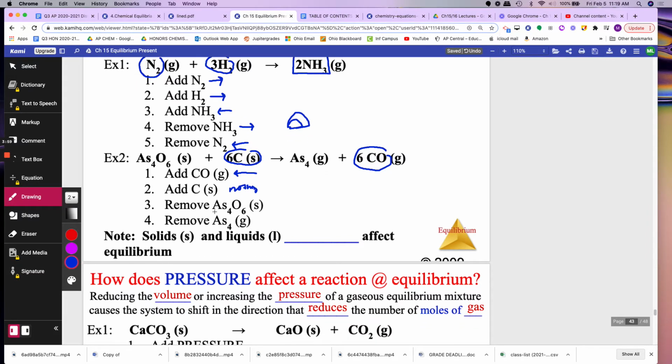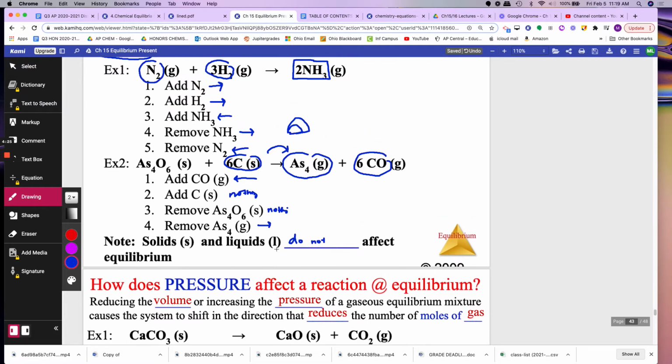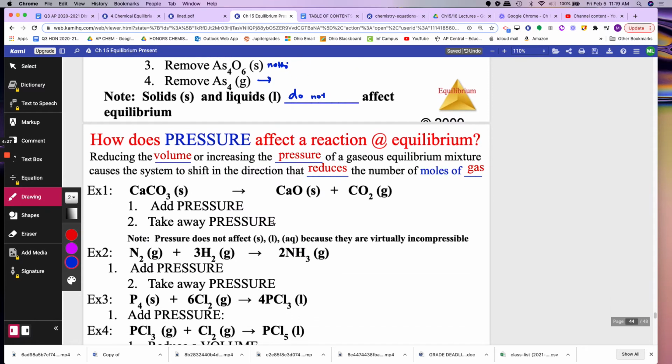Remove another solid, nothing will happen. Remove AsH3 gas, it's right here, so you're going to remove it, so you have to refill it. So it's going to go to the right. Note, solids and liquids do not affect equilibrium.